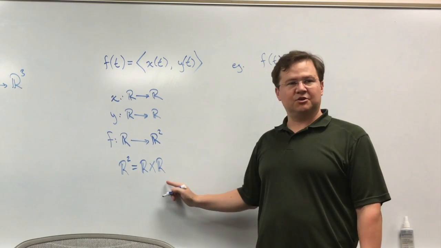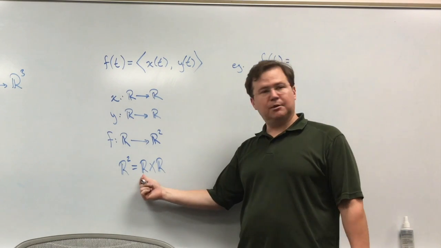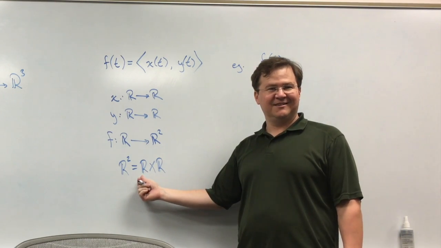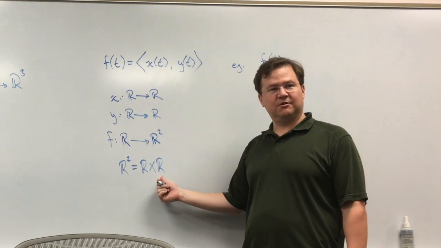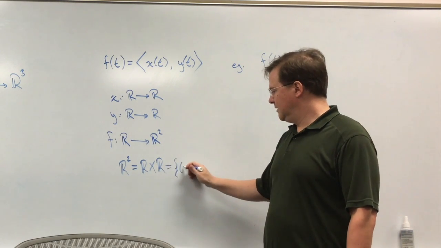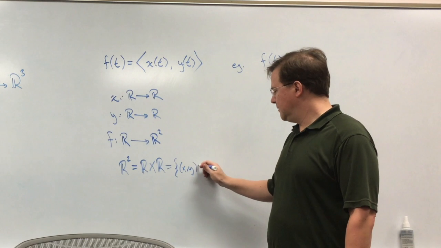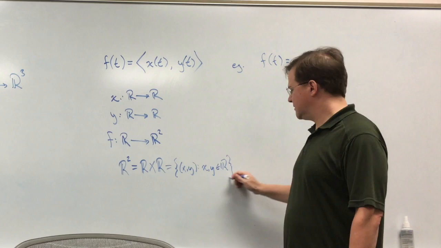This is called the Cartesian cross product. I can tell it's not multiplication as you know it because that's not a number, that's a set. R is a set of all real numbers, cross with a set of all real numbers. This is literally, by definition, the set of all ordered pairs where x and y are real numbers.